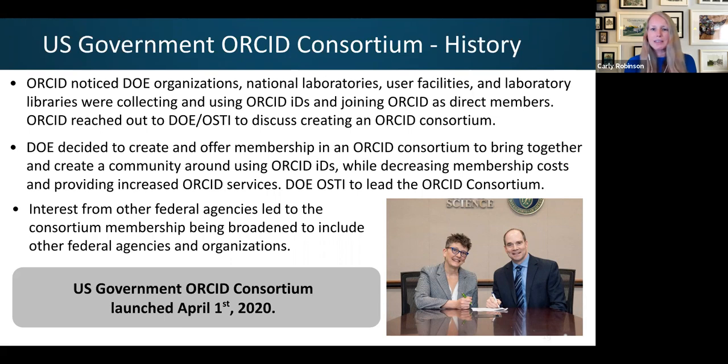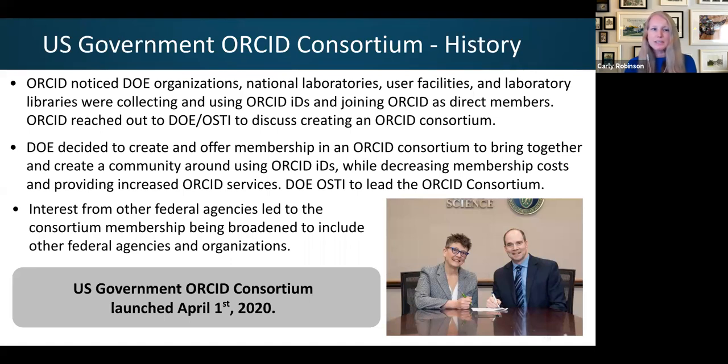ORCID has the ability for members to join directly, or depending on if they fit, they can join with a consortium member as well. And so we hadn't thought about the idea of having a DOE ORCID consortium. So we went back, had some internal discussions, talked to some of the DOE associated ORCID members, some of the user facilities who are SSURF members, and thought that this would be a really good idea to bring together and create a community around using ORCID IDs.